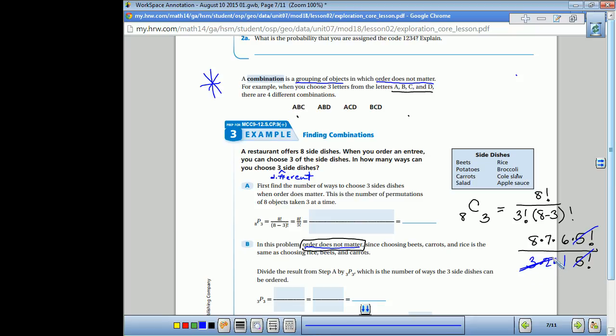So this 6 can cancel with this 6. And how many different combinations are there? 8 times 7, 56. Alright, so there we go. So that's the change with the combination. We have to have that extra r factorial in the denominator to divide out those duplicates that we get because the order doesn't matter.